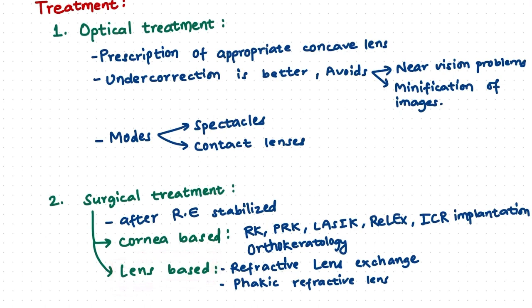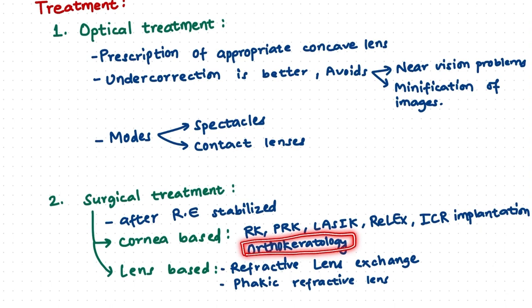Cornea based treatments are RK, radial keratotomy, PRK, photorefractive keratectomy, LASIK meaning laser in situ keratomileusis, RELEX, refractive lenticule extraction, ICR implantation, which means intracorneal ring implantation, and another one is orthokeratology, in which it is not actually a surgery.